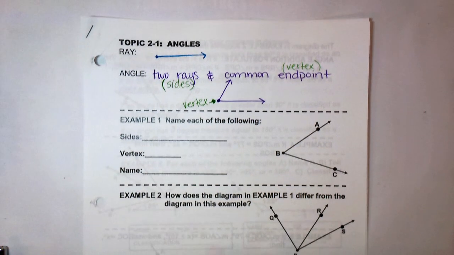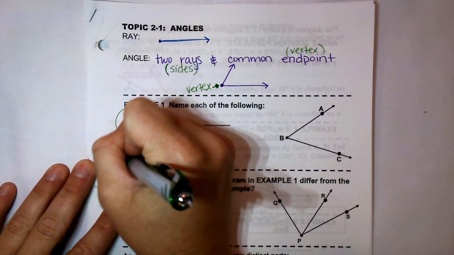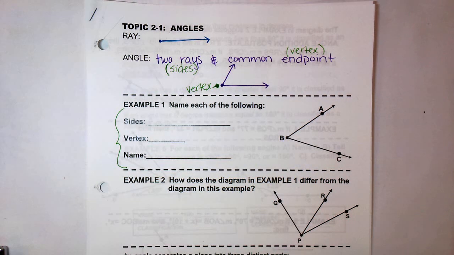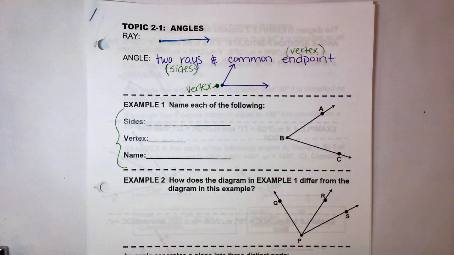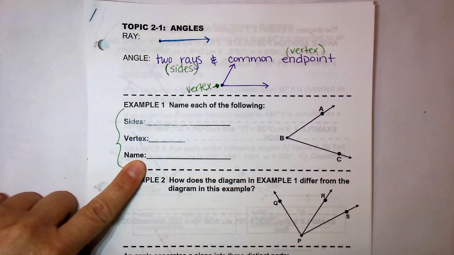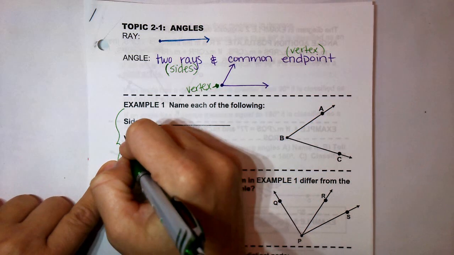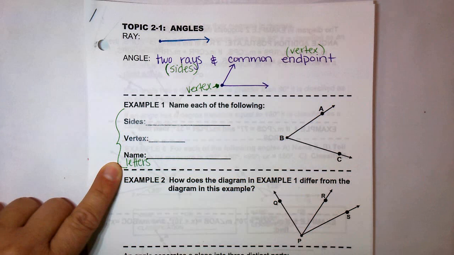Okay, so example 1. This is going to be just like the first homework problems. When you get your homework, these are going to be the first 3 that you're going to answer. It's going to ask you, what is the name of this angle? If you're looking at the name, I want letters. I want the letters on the angle.